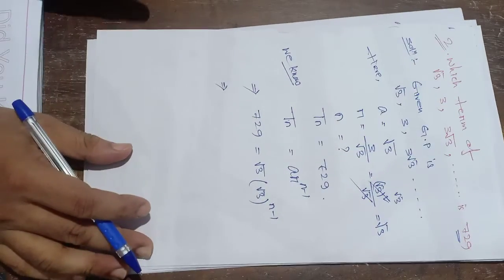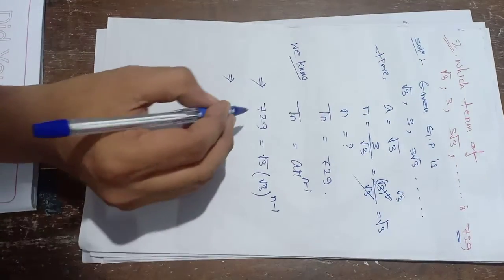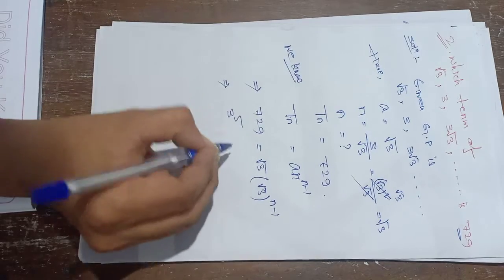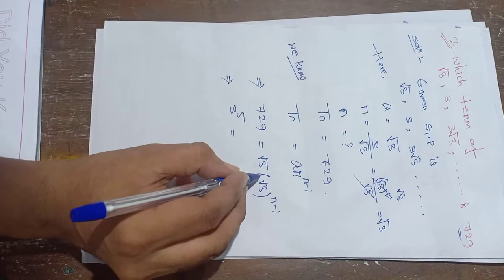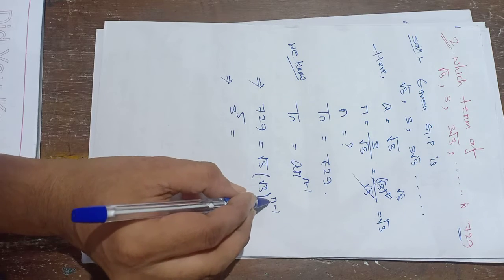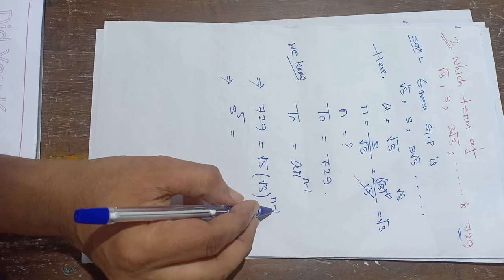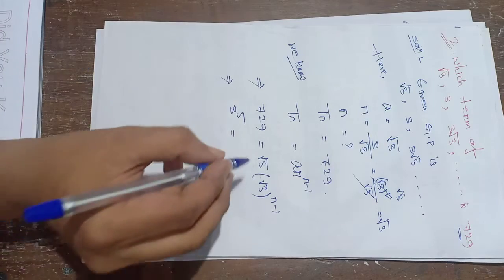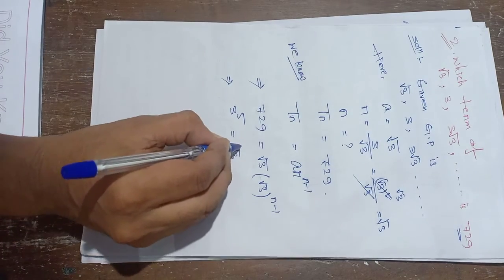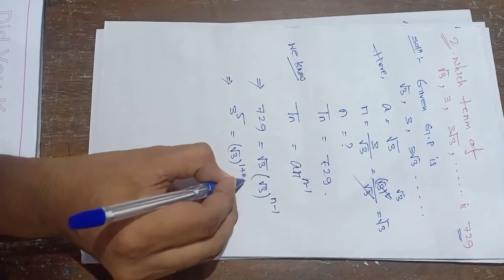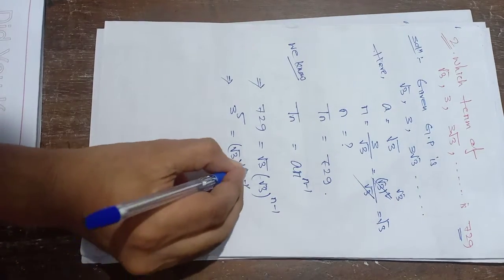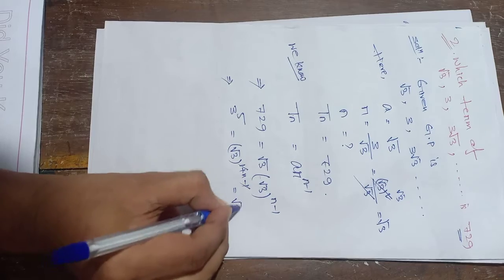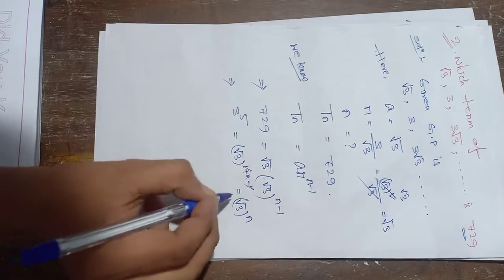So 729 is nothing but 3 to the power 6. So it is root 3 into root 3 to the power n minus 1, so we can write root 3 to the power 1 plus n minus 1. Here the 1 cancels, so it is root 3 to the power n.